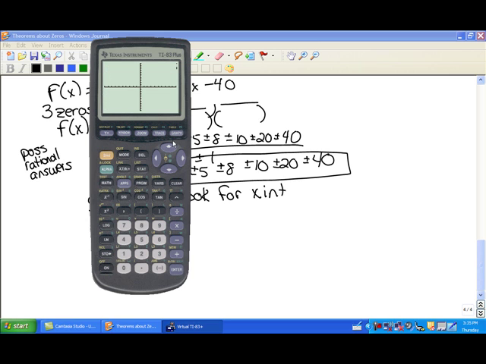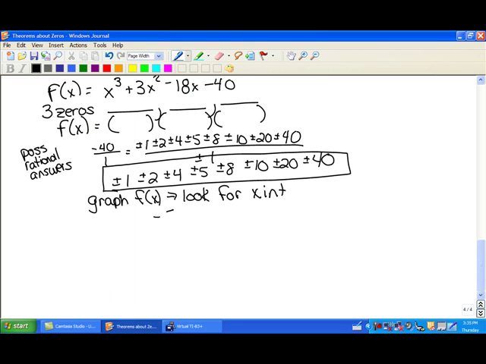Now, if you look at that graph and look for the x-intercepts, you can see we have one that looks like it's at negative 5, one at negative 2, and one at positive 4. So, negative 5, negative 2, or positive 4 are going to be the best places to start since those are also on our possible rational answer list.